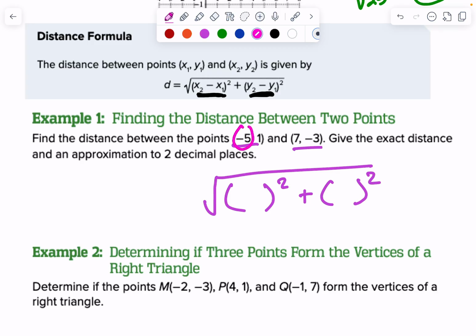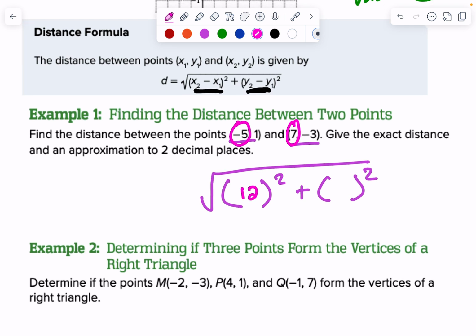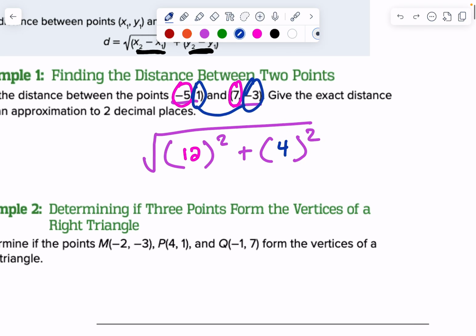So I'm looking at how far apart negative 5 and 7 are. You're going 12 units from there to there. Think about it on the number line, 12 units. Then I'm looking at 1 to 3. That is 4 units. Technically, you're going down 4 if you're going from negative 1 to 3, but again, I don't include that negative because it's going to end up squaring and being positive, okay?